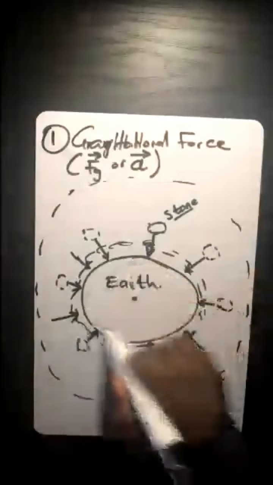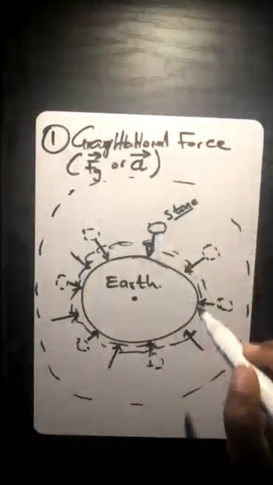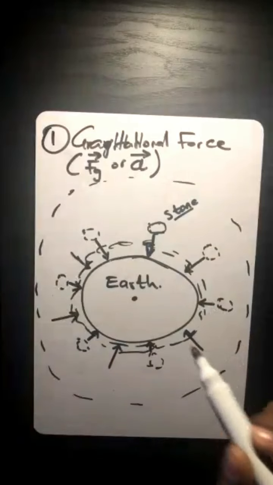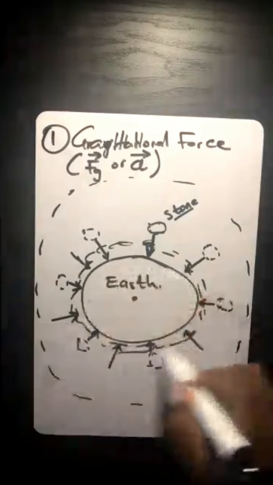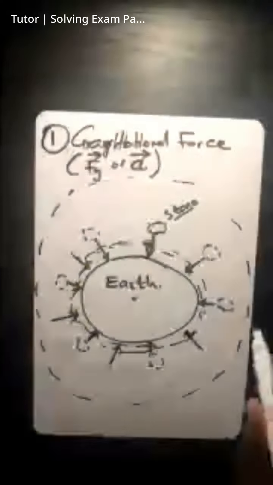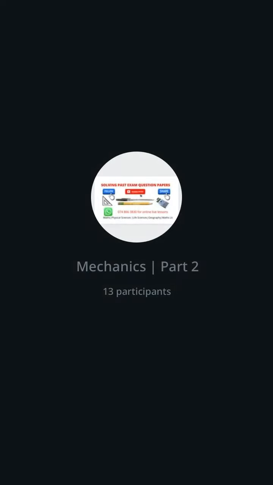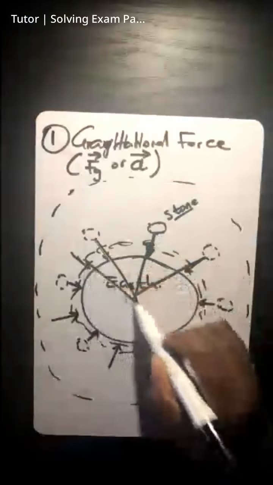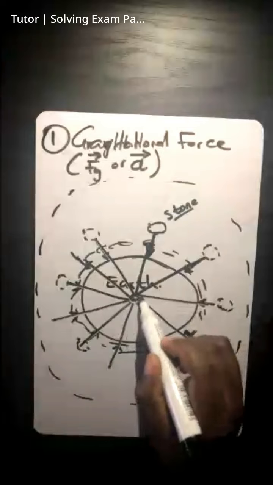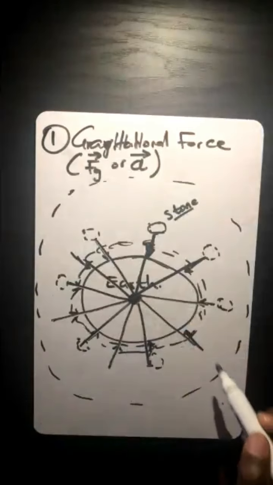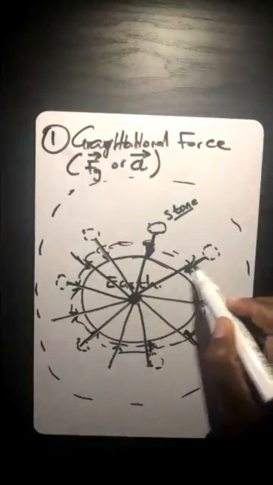So that means the Earth is attracting all of these objects towards itself. According to the definition, the Earth is attracting all of this towards the center of the Earth. It doesn't matter at what point it is around the Earth's surface, it is trying to attract everything towards the center of itself.